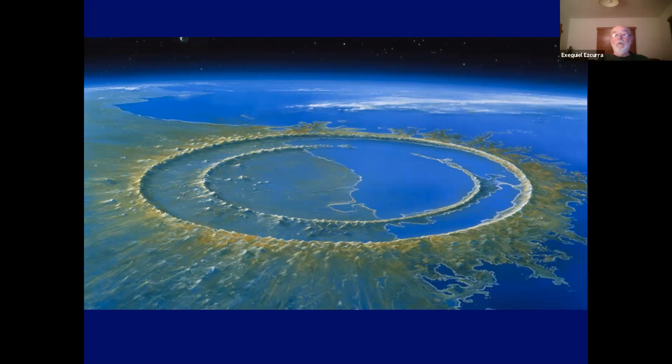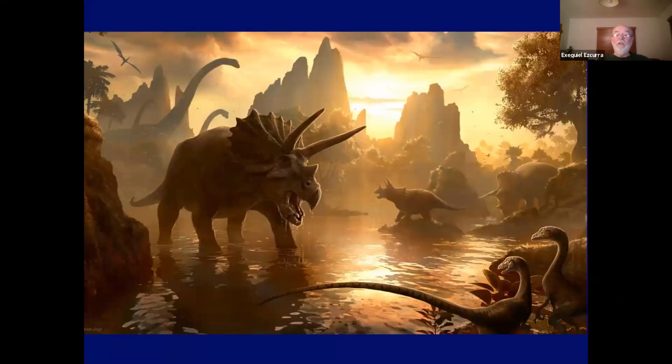Photosynthesis collapsed. Plants did not have enough light to do their photosynthesis and their growth, and only a few plants survived and a few animals survived, mostly small animals. All the large animals, the dinosaurs, went into extinction after the Chicxulub explosion.